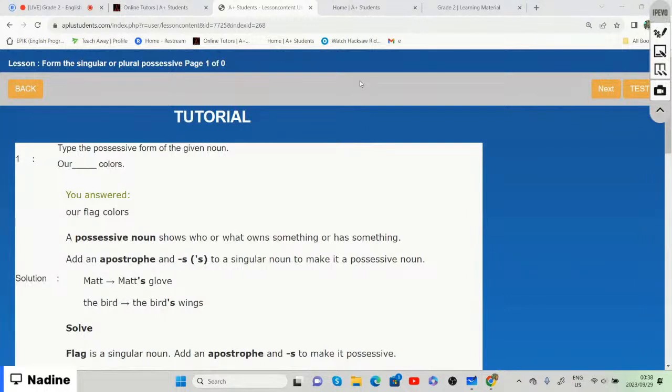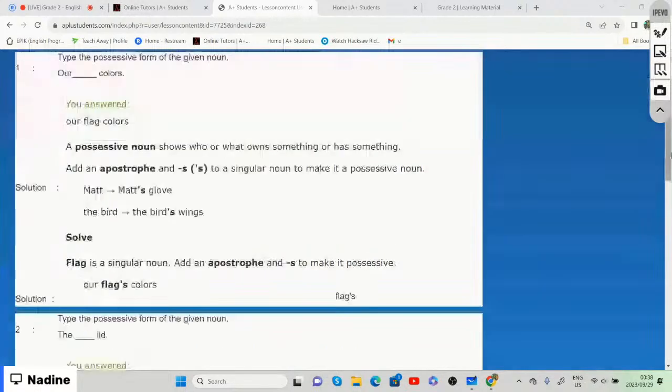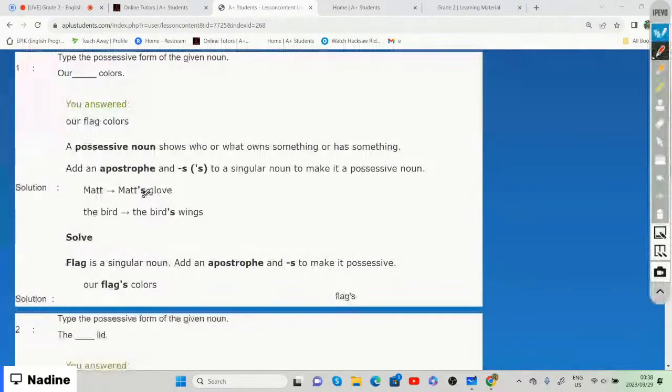And here we have an example of Matt, right? So the gloves that belong to Matt. So this is Matt's gloves. It is the gloves that belong to Matt. So if the gloves belong to Matt, then we can say it is Matt's glove, right? And there we have the apostrophe. And the same with the bird, right?